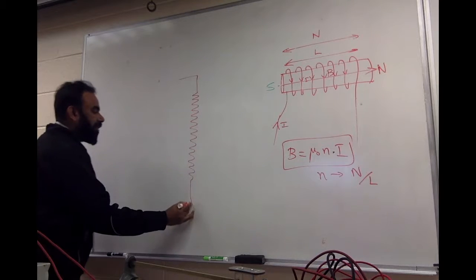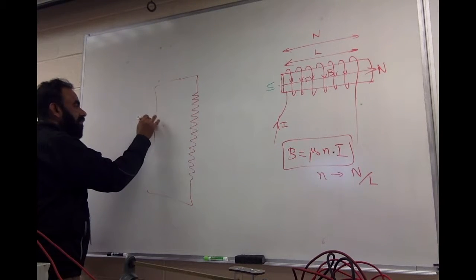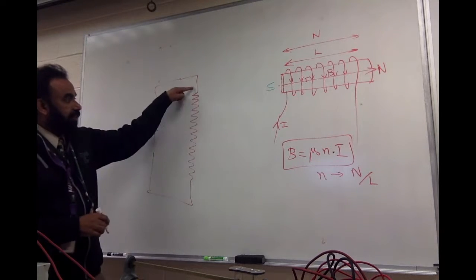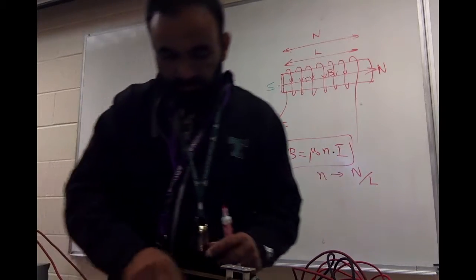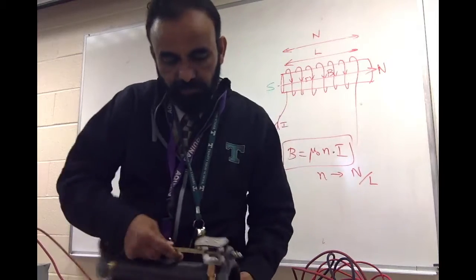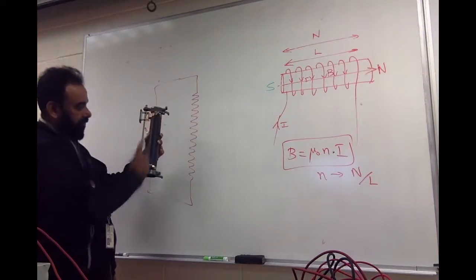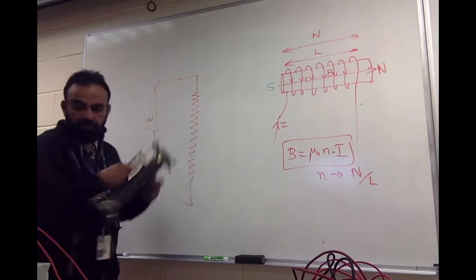That is a potentiometer. Suppose I put 12 volts here. If I put 12 volts there, the two extreme terminals are these two. And this is supposed to be the center tap, like this.